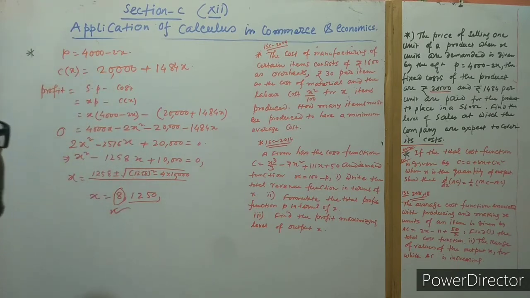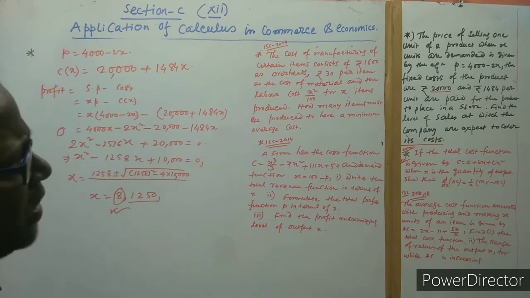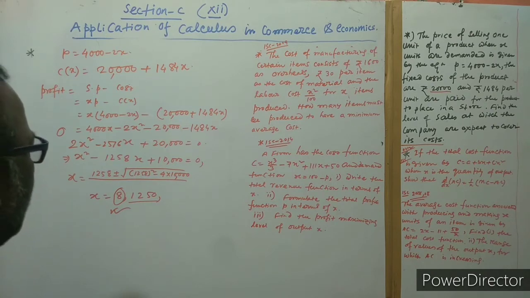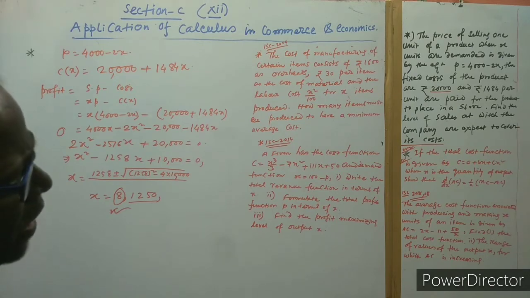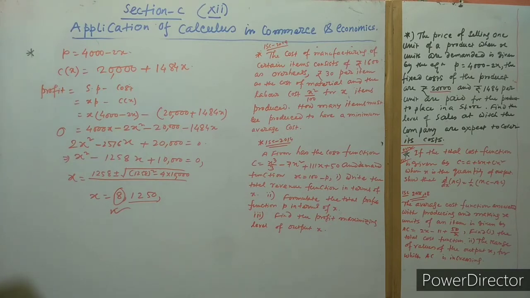So now the selling price be here. This is x into p. This is x into 4,000 minus 2x, as p is the per unit price. Okay, selling price. Now we have to find the level to cover its cost. Covering cost means only cost. So then the revenue function equals the cost function. Here selling price equals the cost function.